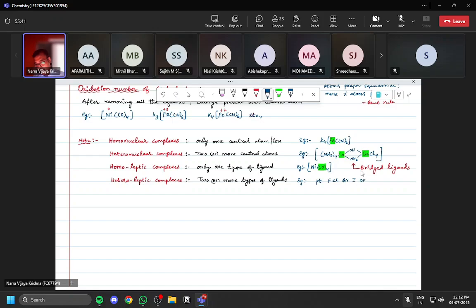Then OH, NH2. Now see how many ligands there are: one, two, three, four, five, six. The charge must be balanced. Here, what is the oxidation number of platinum? +4. Nickel, 0.